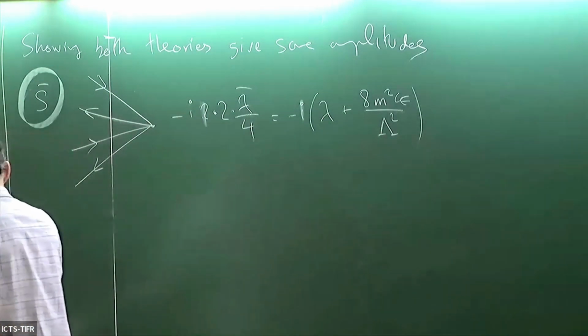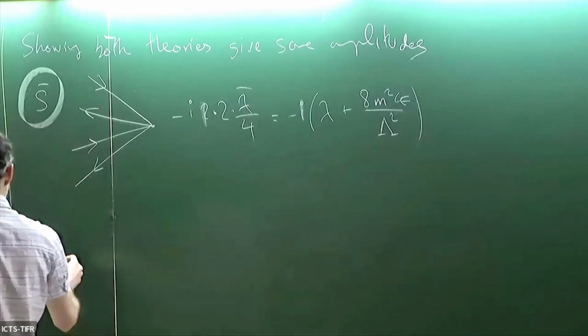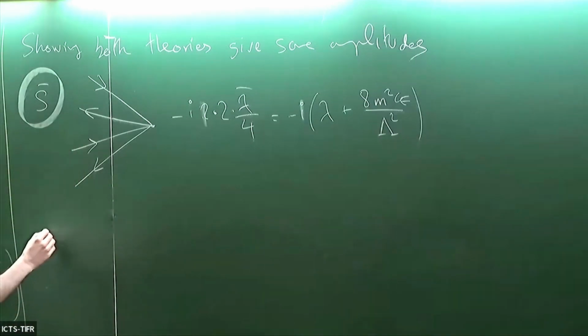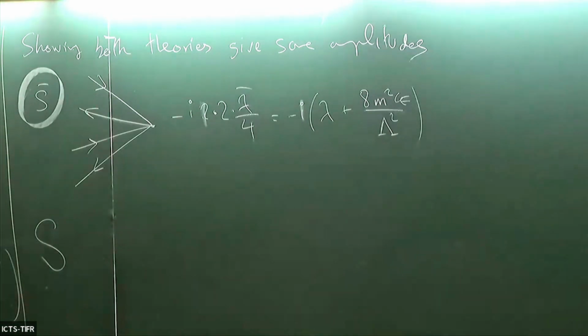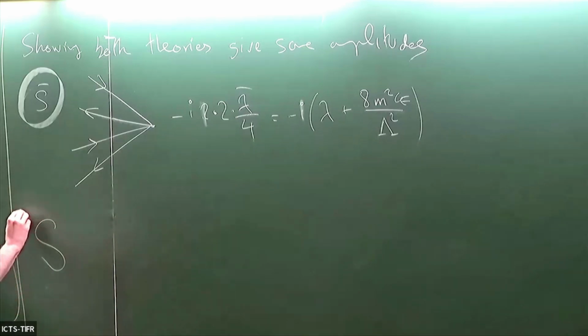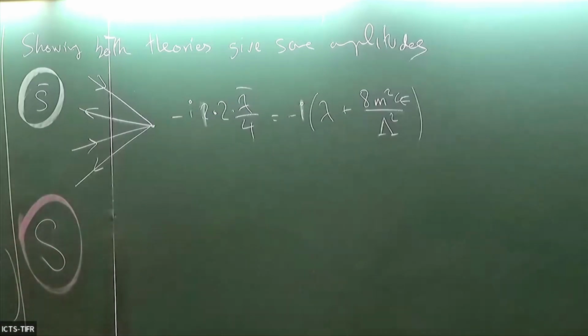Alrighty, now let's do it for the other theory, what we call just S. In this case, there are 2 contributions. The first one is, again, simple enough. There's a lambda term in here that we start with in S4. But then this operator we started with also has 4 fields in it.